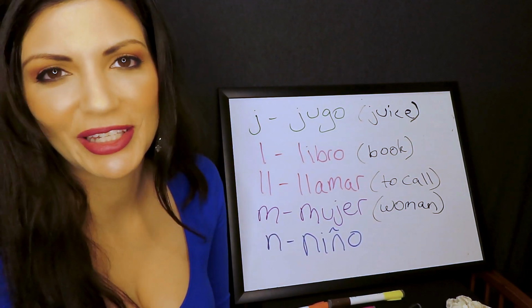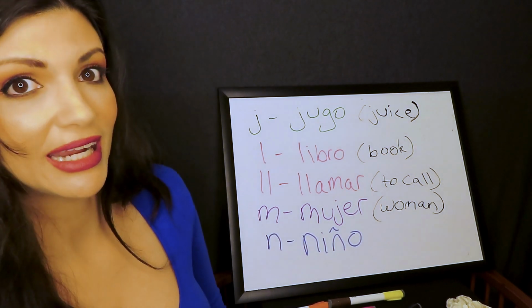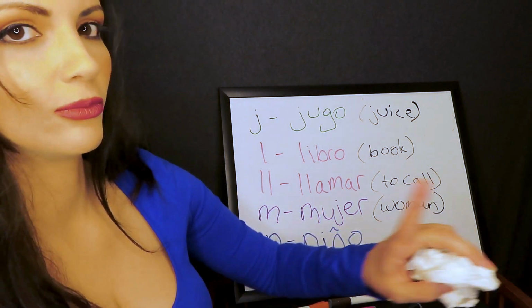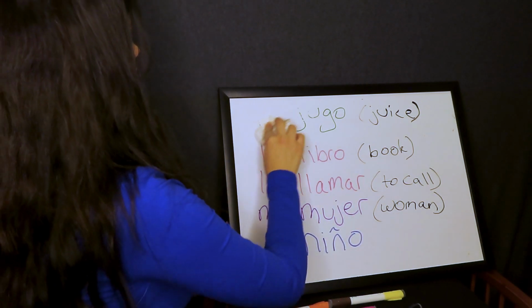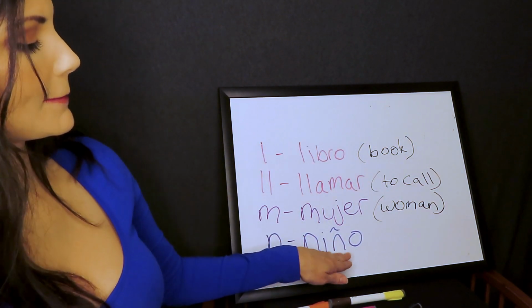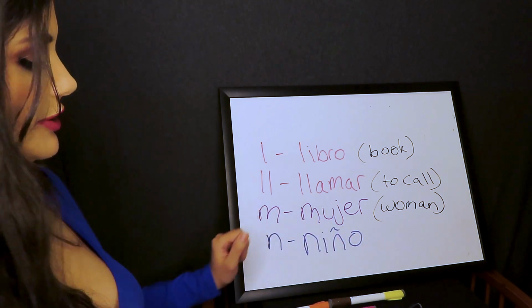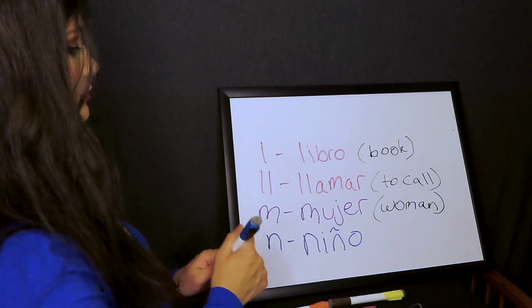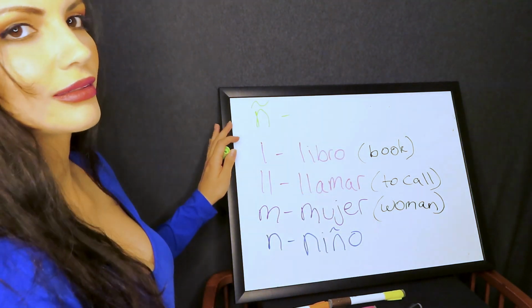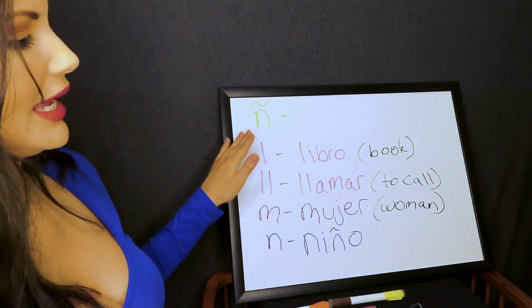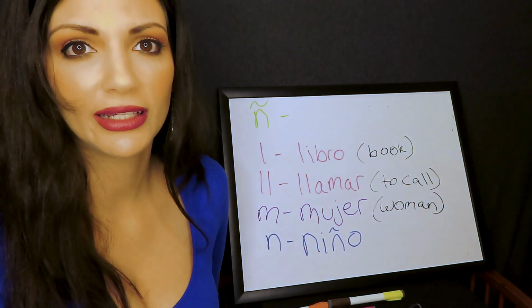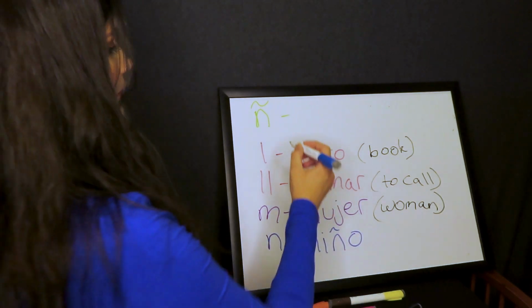Which also conveniently brings me to our next letter, which is one not found in English. It is the N with the tilde over it. It is called ñ, and it is pronounced as an NY sound, such as the word canyon in English.